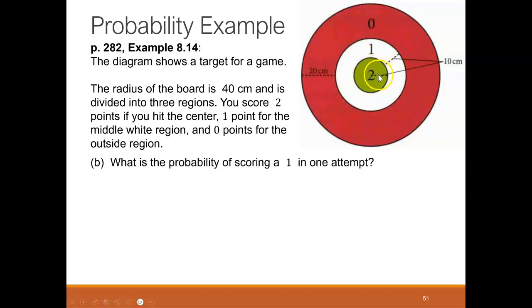So the radius there is 10 plus 10. So it'd be pi times 20 squared. But then we have to subtract out the 2 circle. So minus pi times 10 squared. And then the whole circle is still pi times 40 squared.